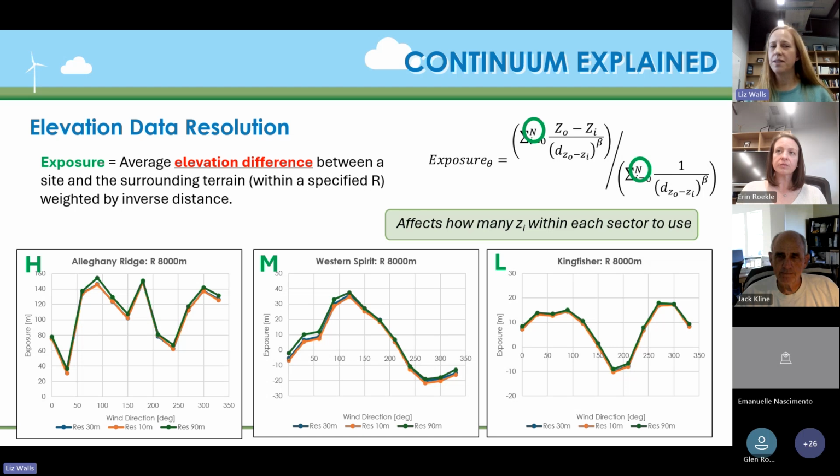To be honest, this surprised me a little bit. When we did the sensitivity analysis, I was expecting the results from the 90 meter resolution data to be different, to show some variability. But it was interesting that it's pretty insensitive to the resolution of your elevation data.